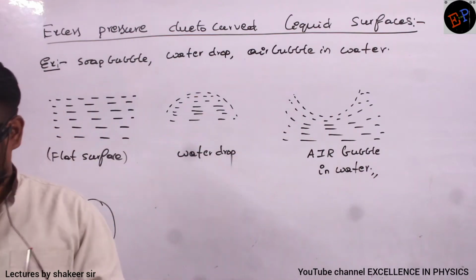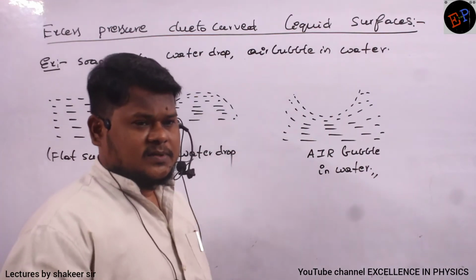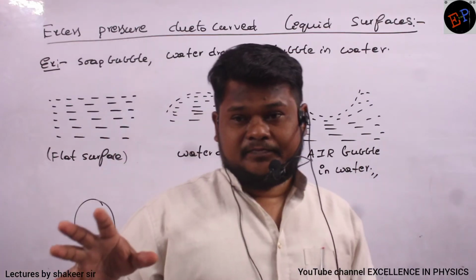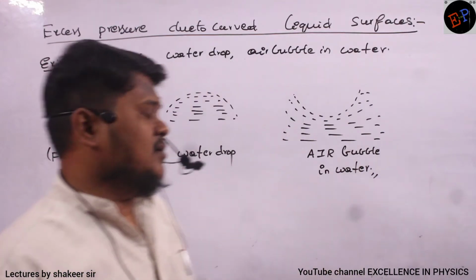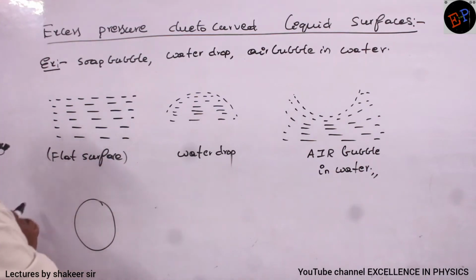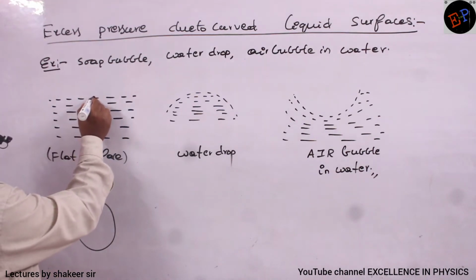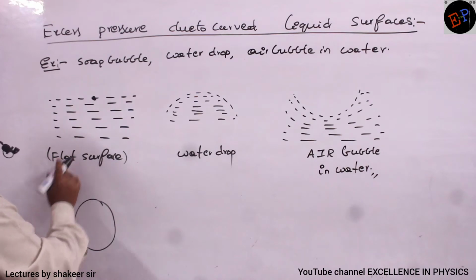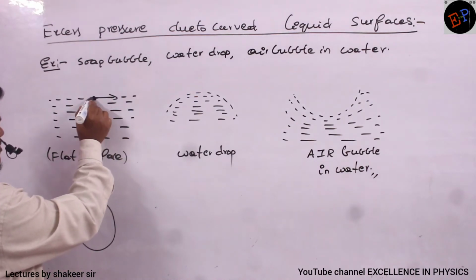Because of curved surfaces, there will always be some extra pressure. Okay, what is the reason? Let us see. See ma, for example, if you take a flat surface, on the flat surface, for example, this is one water molecule. Surface tension forces are acting like this, no ma?